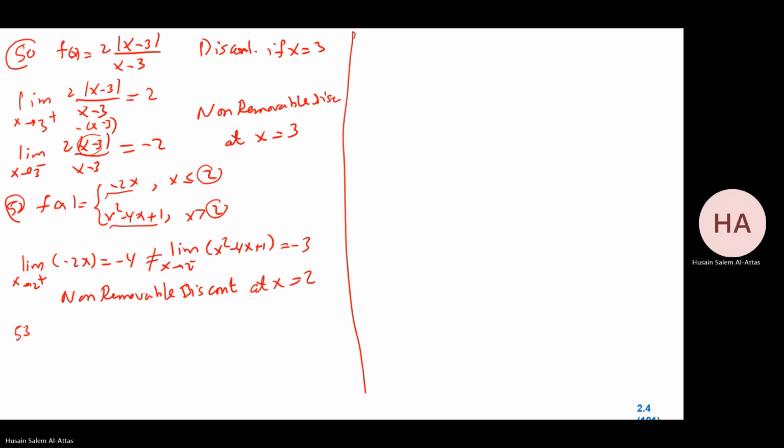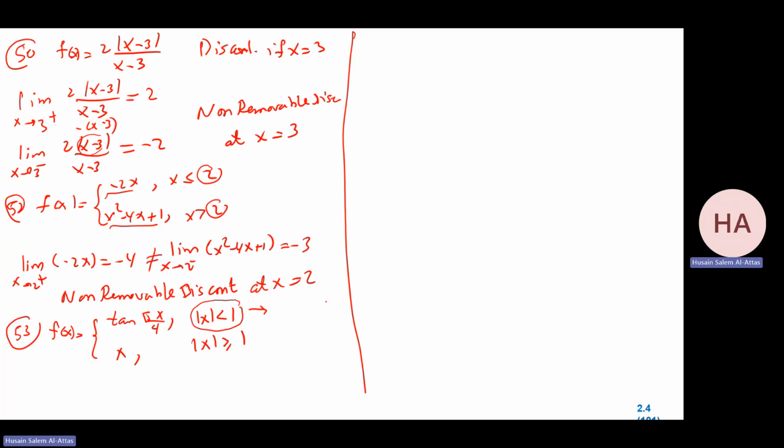53. F of x is what? Tan pi x over 4 and x. Okay. First I need to deal with these things. What's the meaning of that? That means x between -1 and 1. And this one means what? X less than -1 or x greater than 1. So I will rewrite the function f of x as what?